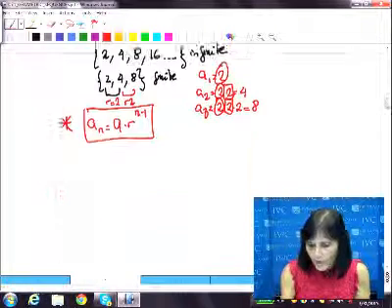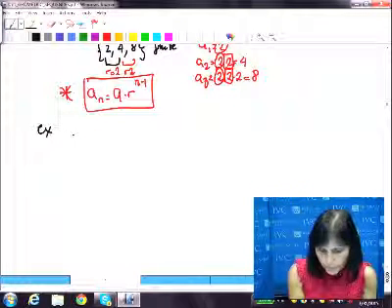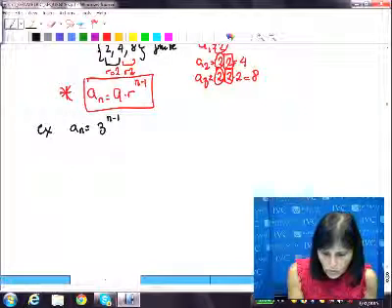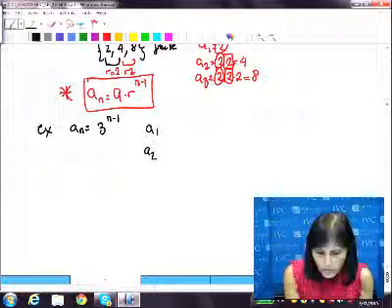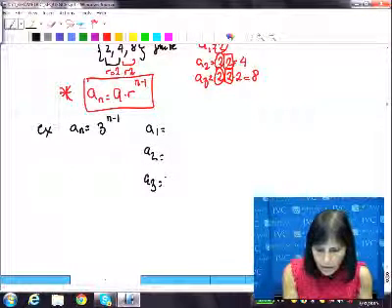For example, they may give you the formula. They may say, if a_n equals 3^(n-1), can you list a1, a2, and a3? All you have to do is plug it in.